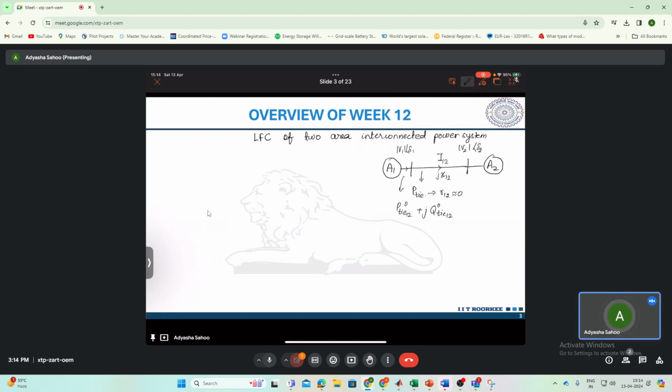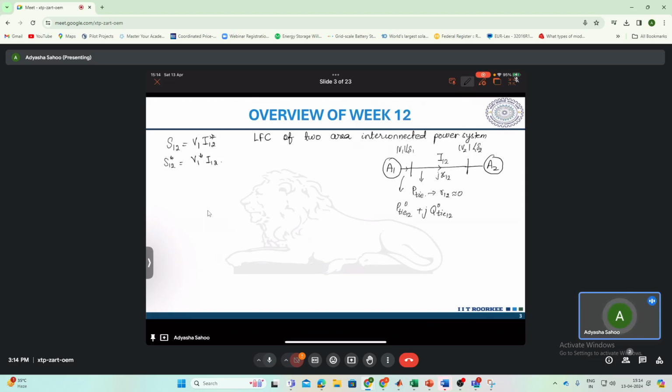So we know the formula for the injected power, S12 is V1 I12 conjugate, right? So if I take the conjugate of this, S12 conjugate will be V1 conjugate and I12.